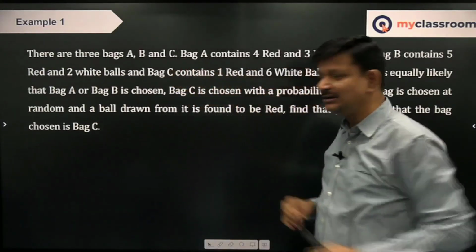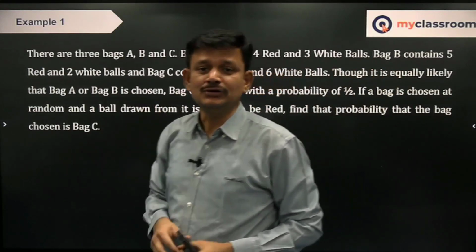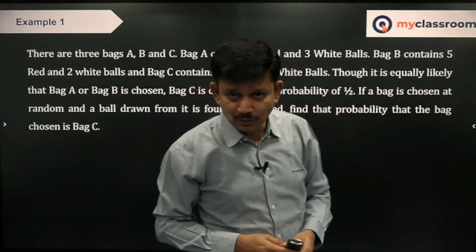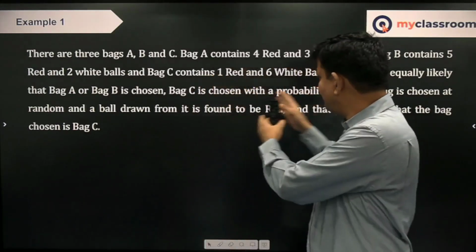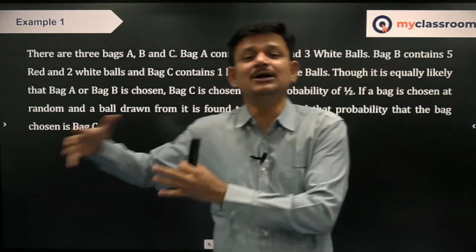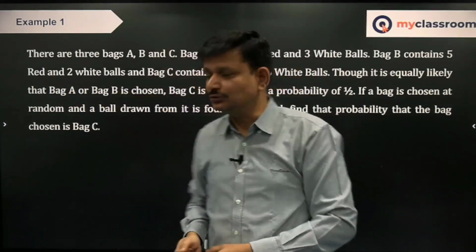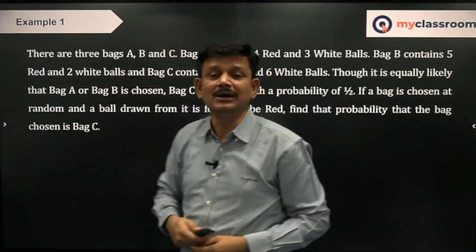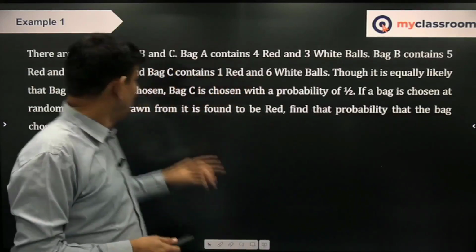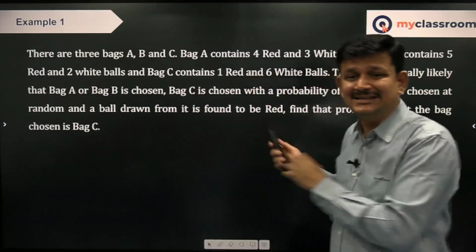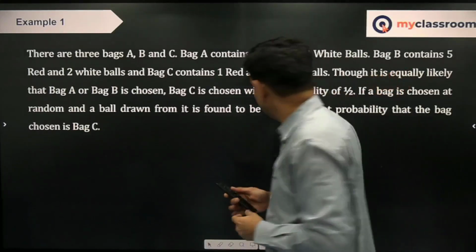But for whatever reason, he is preferring to choose bag C. So the probability of choosing bag C is 1 by 2. If the probability of choosing bag C is 1 by 2, the remaining probability, because A and B are equally likely, is divided by 2. So bag A, you choose with 1 by 4 probability. Bag B, you choose with probability 1 by 4. And bag C, you choose with probability 1 by 2.